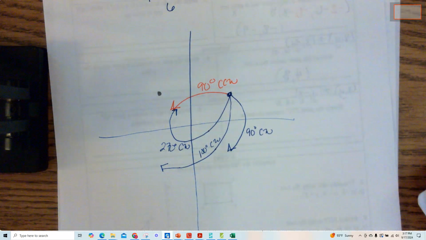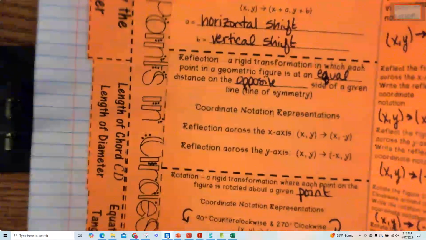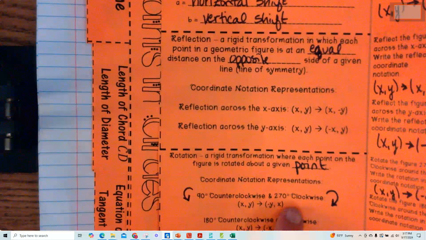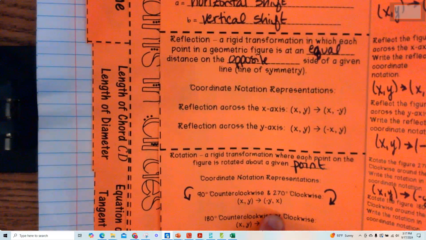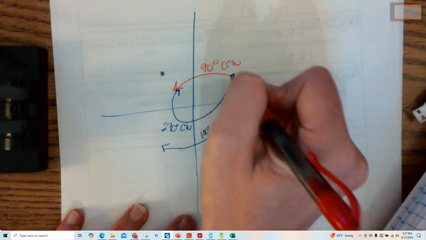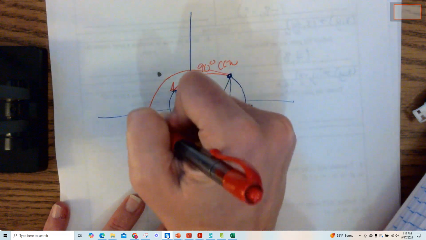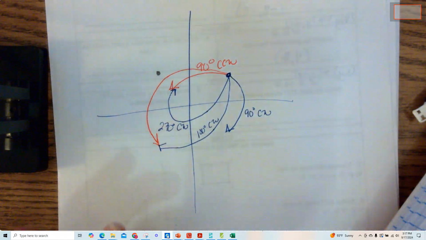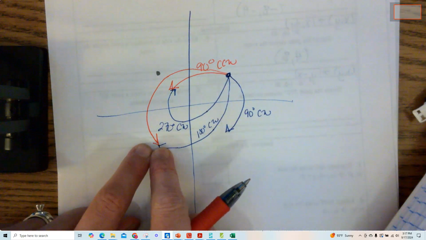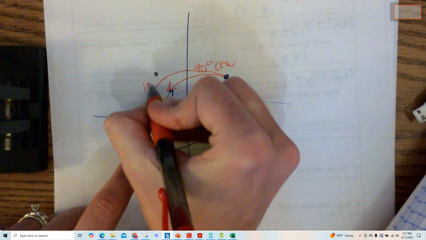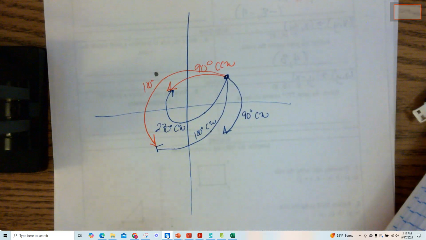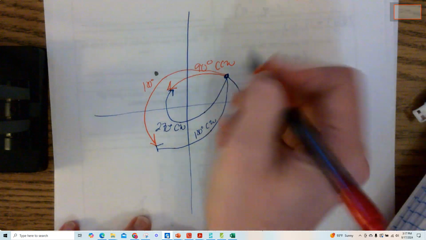And so the rules are the same. 90 degrees counterclockwise, 270 clockwise is the same rule because you'd end up in the same place. Same with 180 degrees. It doesn't matter. 1, 2. It doesn't matter if you go clockwise or counterclockwise. If you make 2 turns, you're going to end up in the same spot. Okay? So normally it just says 180 degrees because it doesn't matter clockwise or counterclockwise.